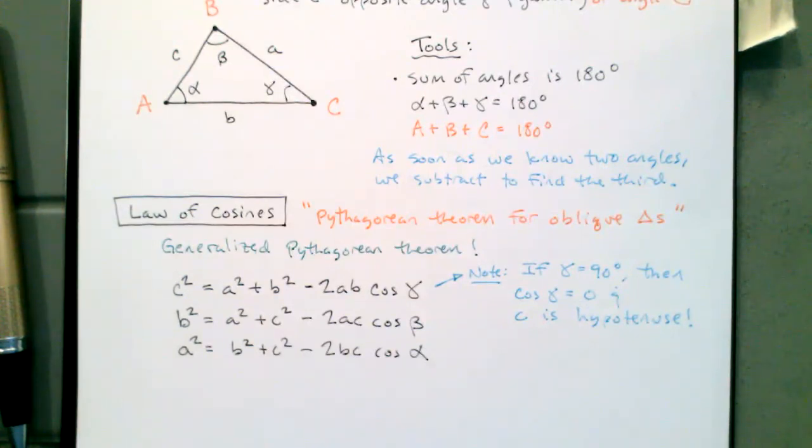So we've got three versions of the law of cosines. The one that we use will depend on what angle we know or the side that we're looking for.